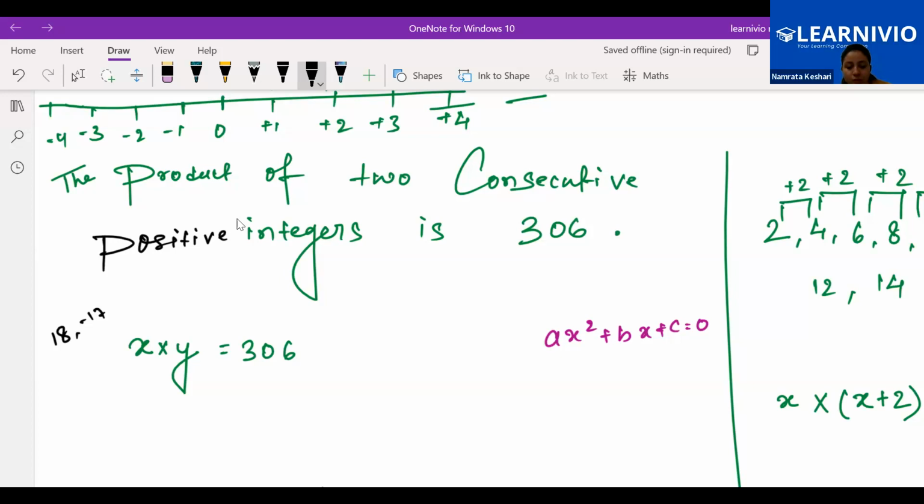Yeah, it was: the product of two consecutive positive integers is 306. We need to find the integers.